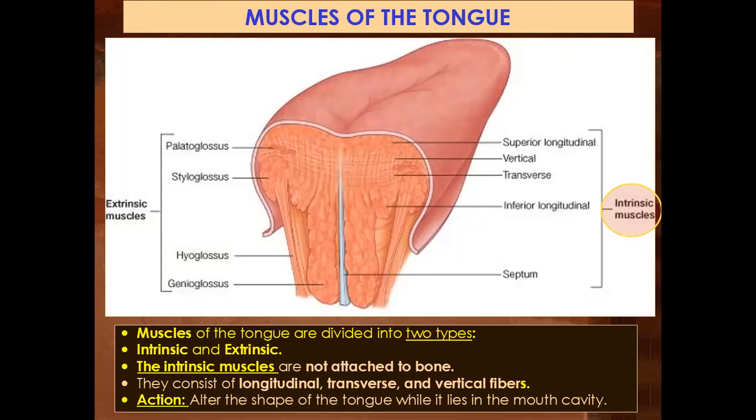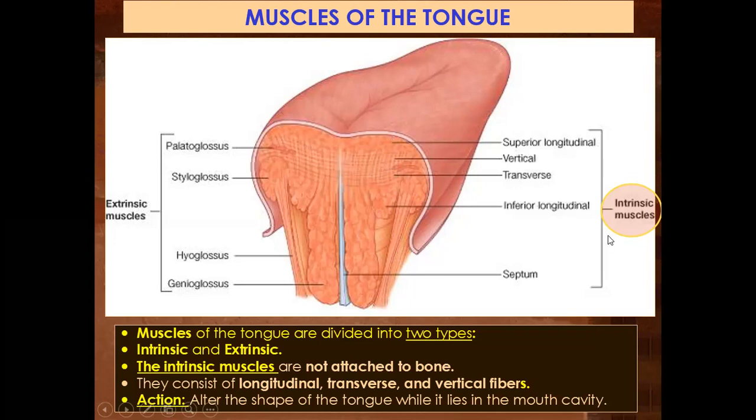The intrinsic muscles are not attached to any bone. So they are free of attachment to any bone. Those muscles are called intrinsic muscles. They consist of the longitudinal, transverse, and vertical fibers. If you see here, there are the superior longitudinal, inferior longitudinal, vertical, and transverse muscle fibers, which are free of any attachment to any bone.